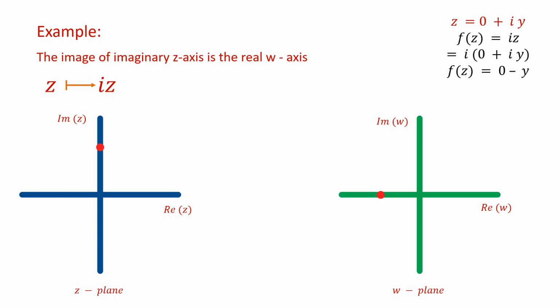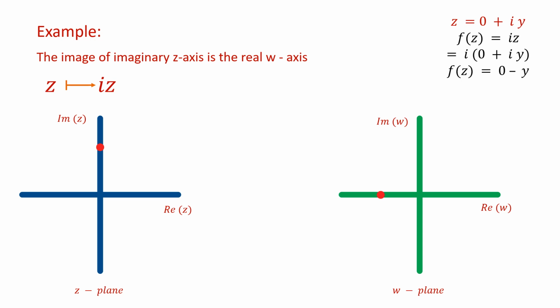So under this mapping, z maps to iz. The point on the imaginary axis of the z plane will be mapped to a point on the real axis of the w plane. So this point on the imaginary axis on the z plane is represented here by this equation.